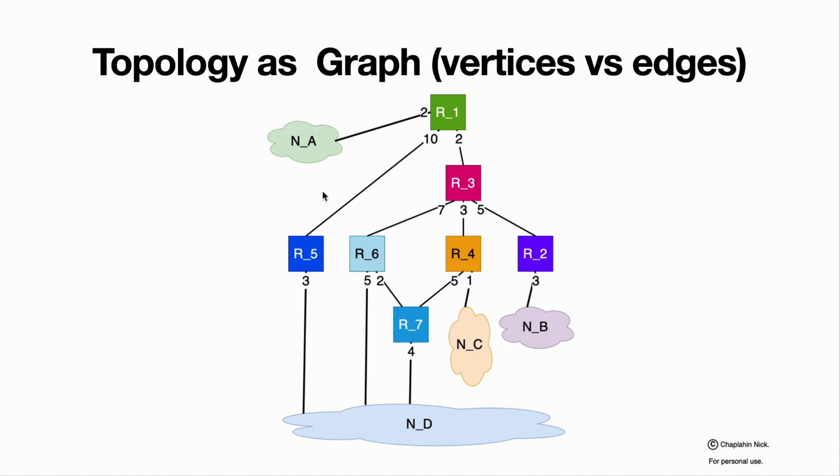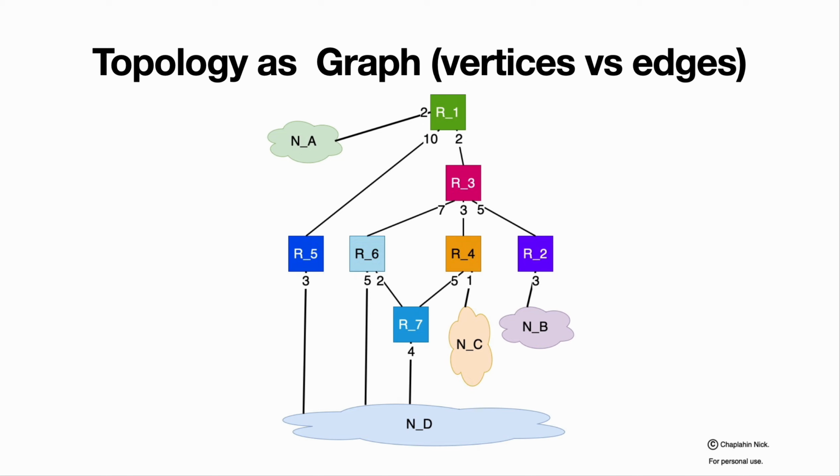It means if sending traffic from R1 to R5 costs 10, then sending traffic from R5 to R1 also costs 10. This is not necessary, but in general, yes.